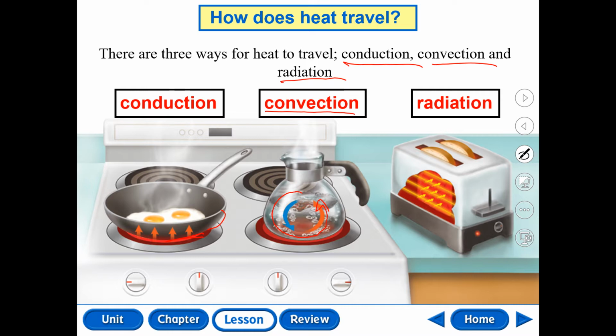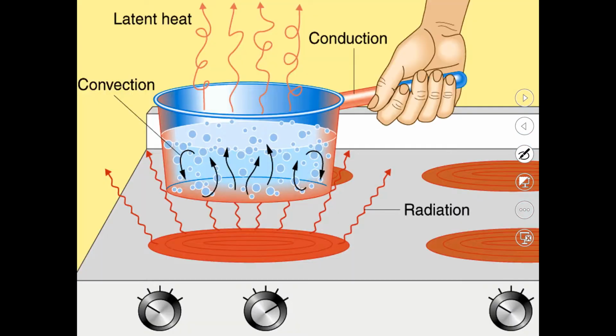And the last one, when you use a microwave or electrical oven in the kitchen, is an example of radiation.